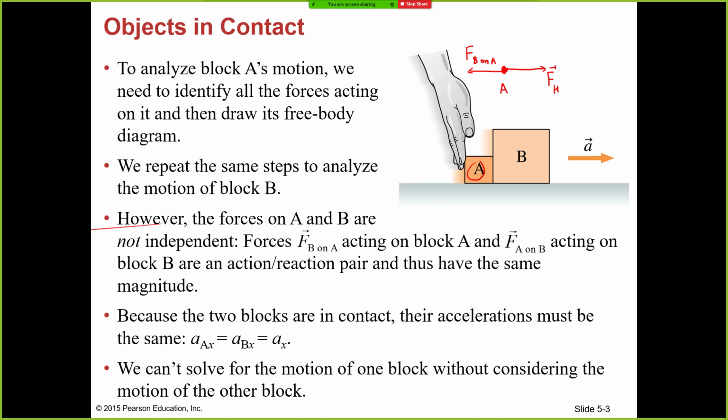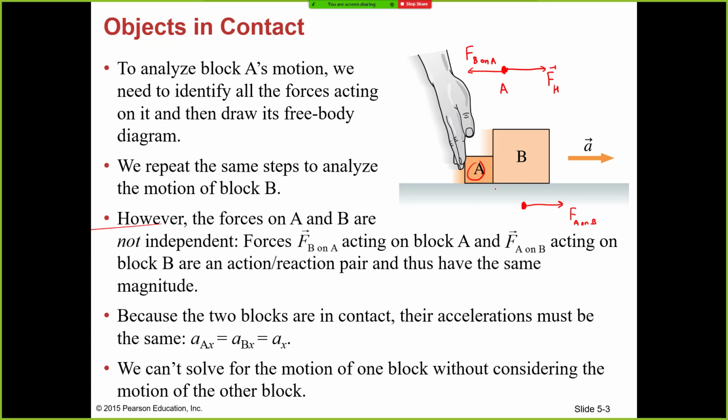So you will write a free body diagram individually for A, and then also write a free body diagram for B. On B, what forces are acting? There's only one force acting on B, which is the force of A on B. There's nothing else.